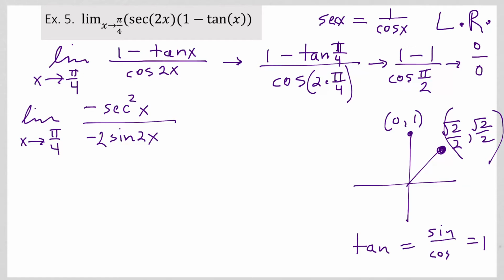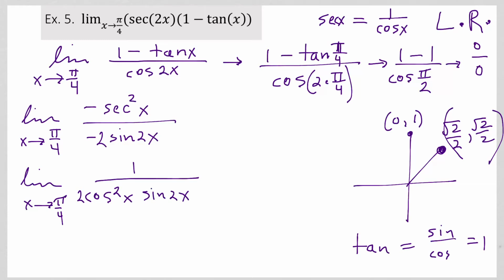Right, so those negatives are going to cancel. So this gives me the limit as x approaches pi over 4 of the, let's put that secant down in the bottom there. So this would be 1 over the cosine squared of x. Then we've got that 2 out in front, sine of 2x.